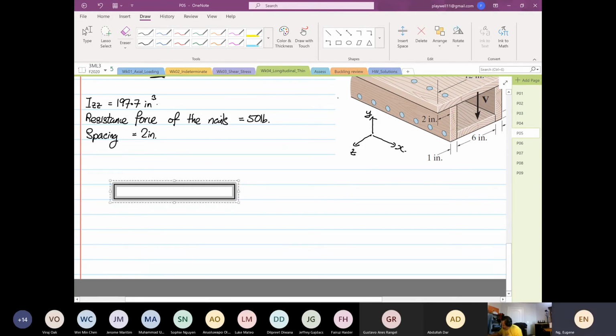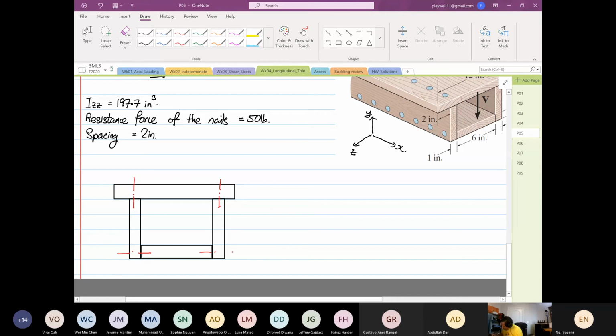So this is our structure. This is a very quick sketch. So the nails are going through here, and then are going through here. This is how the nails are going through.